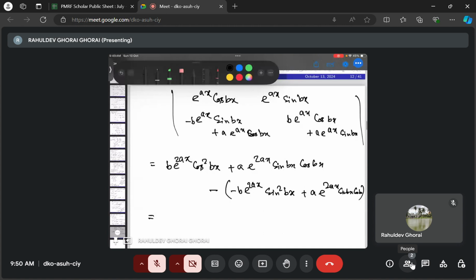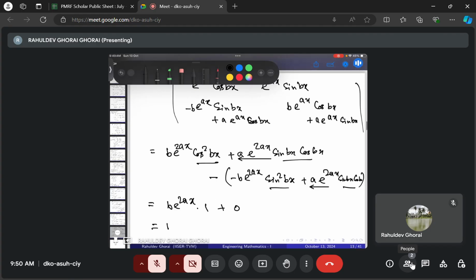That implies b times e to the power 2ax, cos square bx plus sin square bx, which will be 1, plus a e to the power 2ax sin bx cos bx, and sin bx cos bx also the same, so one is plus, another is minus, right? So that implies plus 0.